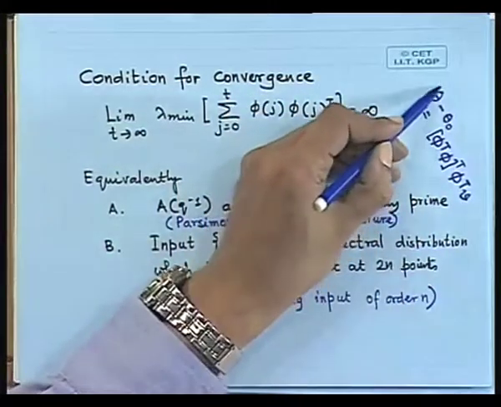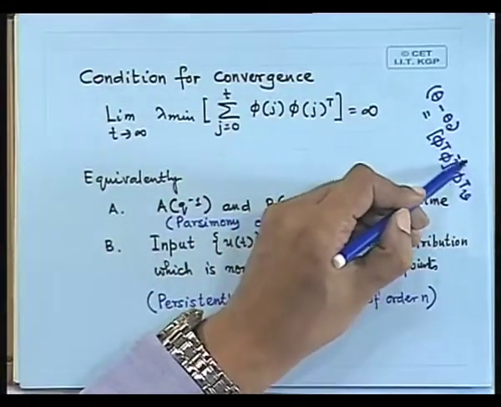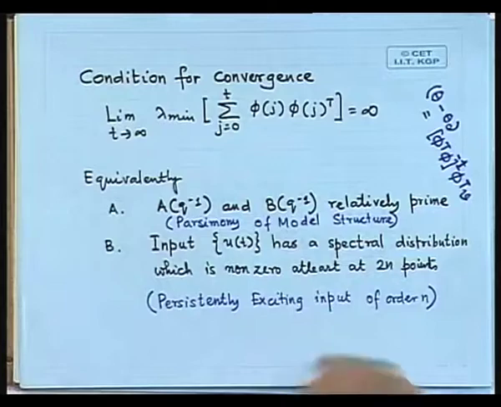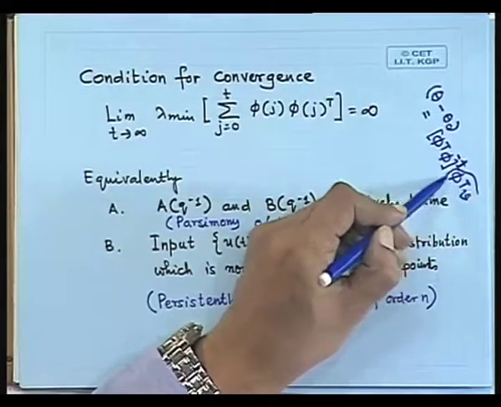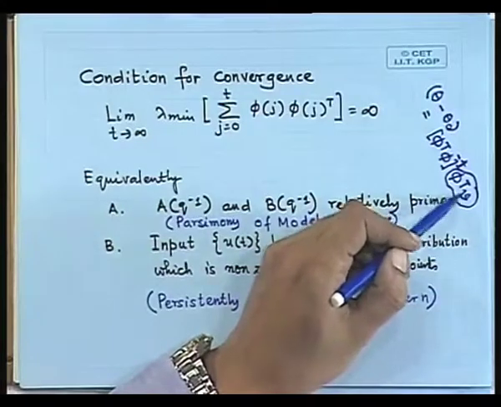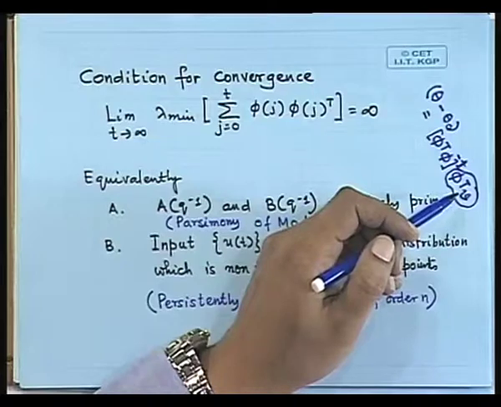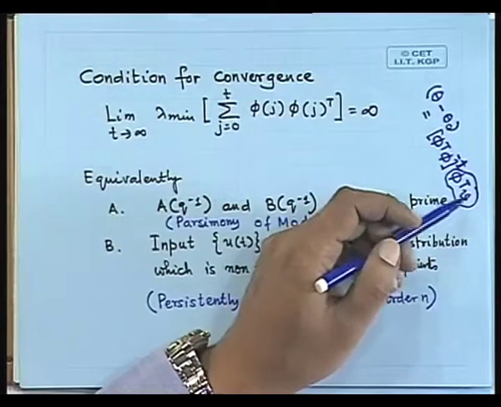Such a condition came. So we argued that first of all this has to be small. For ensuring that this is small, we proposed several things like extended least squares and instrumental variables, which will make this thing small.